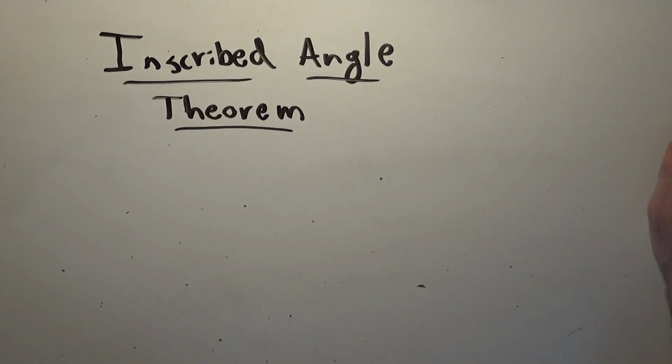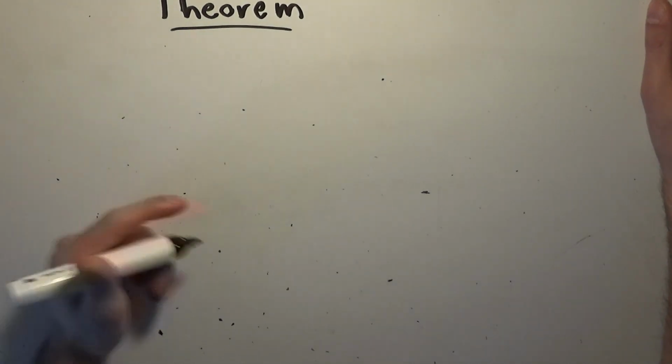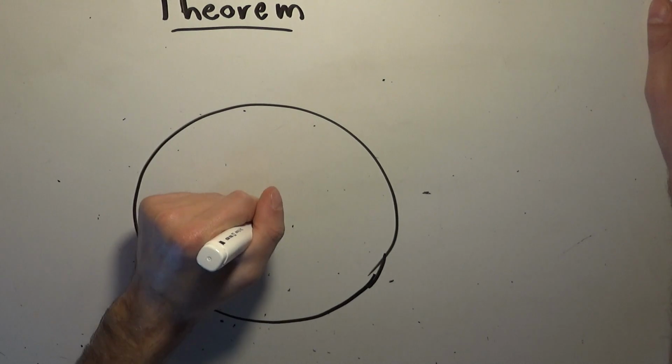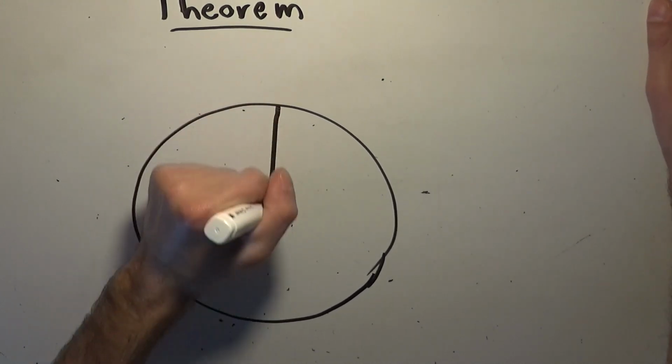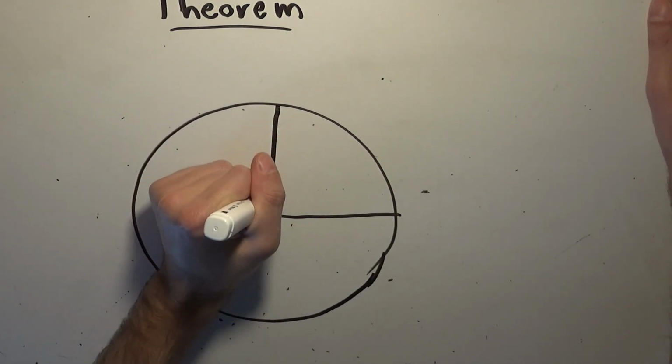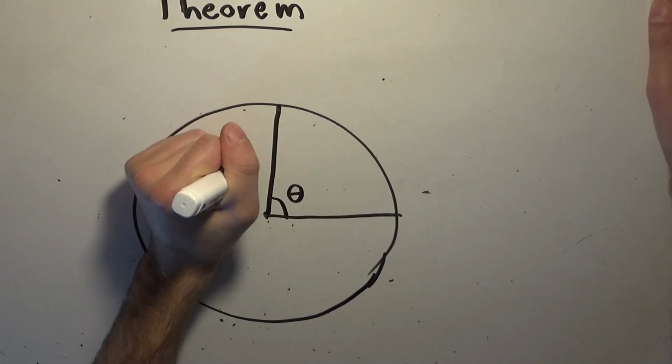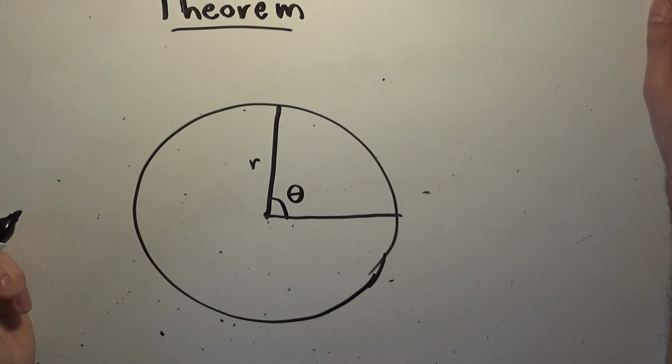Okay, so we're going to prove the inscribed angle theorem today. It's a very lovely, simple fact. It just says that if you have a circle and a central angle in that circle that subtends some arc, we'll call it theta. It's irrelevant what the radius of the circle is.